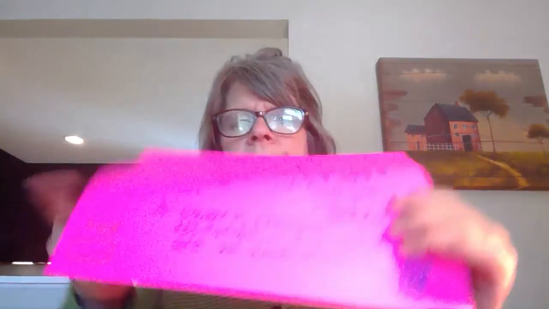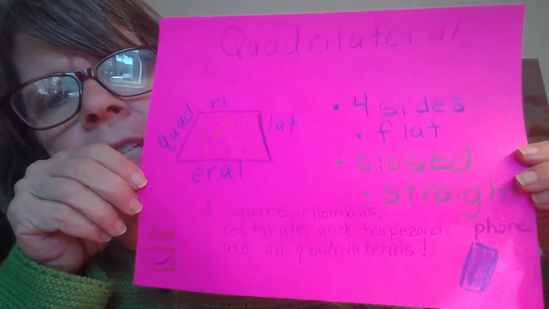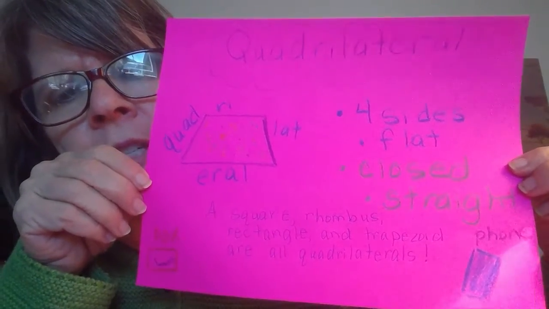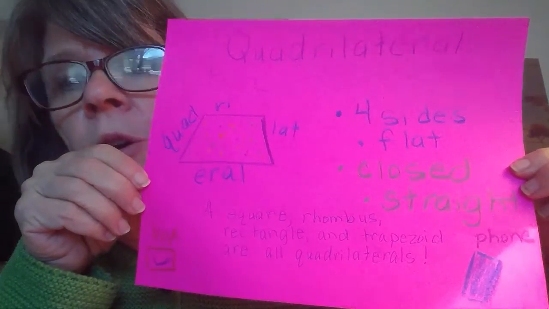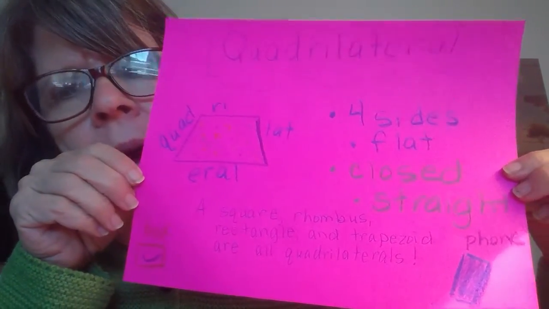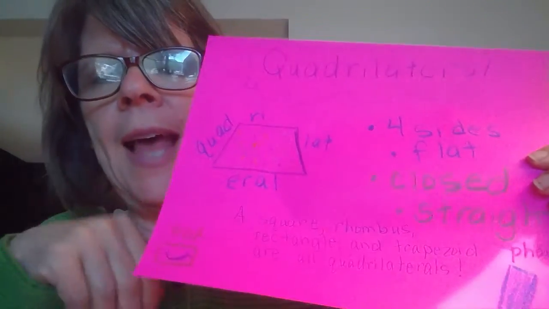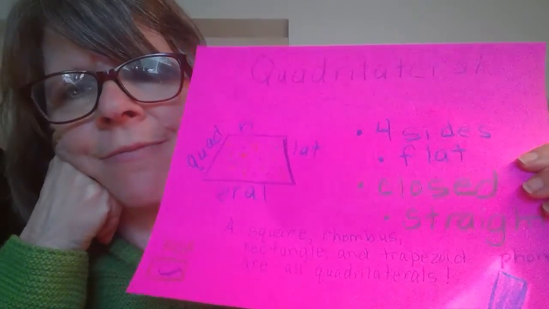And the last one is quadrilateral. Four sides are flat, it's closed, and they're straight. A square, rhombus, rectangle, and trapezoid are all quadrilaterals. A box and a cell phone. Those are quadrilaterals. They just have four straight sides. They're flat. That figures, right?